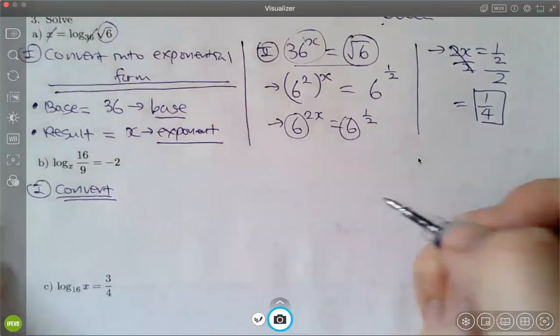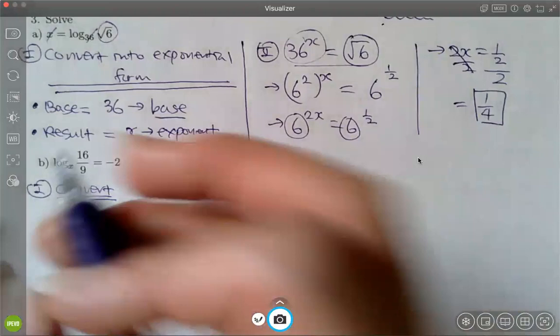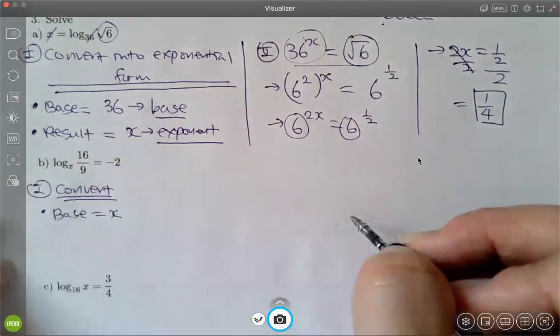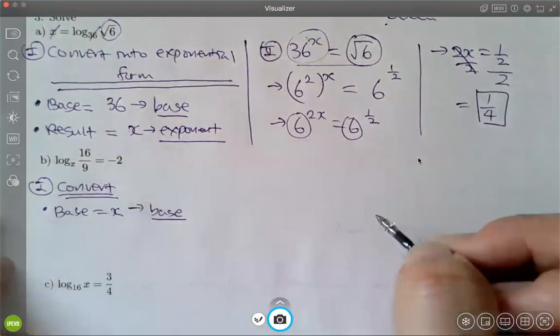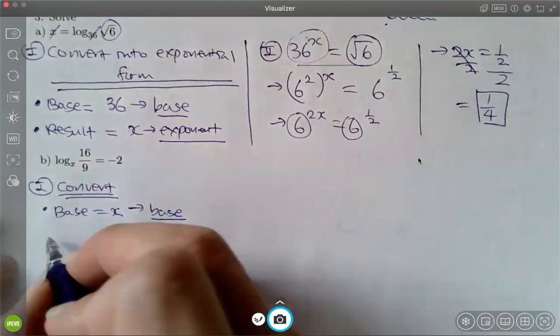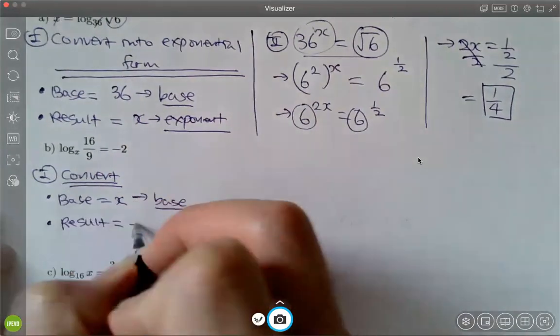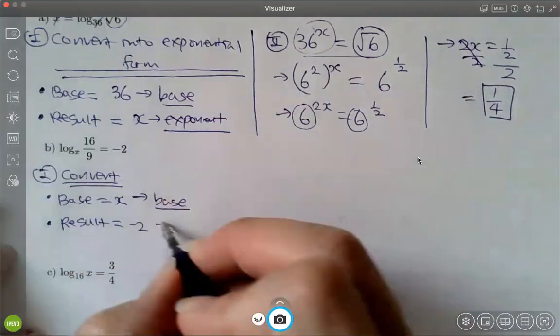So what do we have? The base is equal to what? X, right? And that goes to the base. And what's the result here? -2. Okay, and that becomes the exponent.